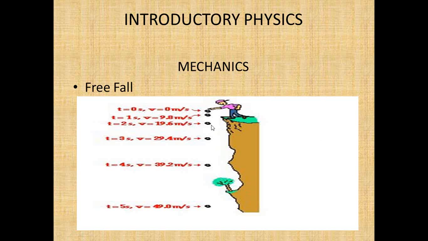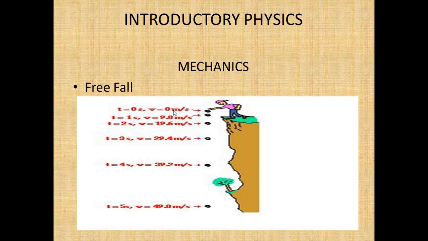So if you drop a ball, just imagine you drop a ball from some height. Before you drop the ball, the time is 0 seconds, the velocity is 0 meters per second. After you drop the ball, the acceleration of gravity is a constant number and it's not going to change.